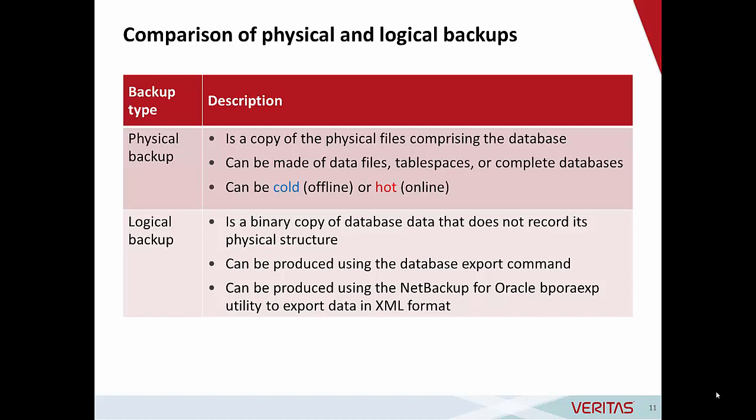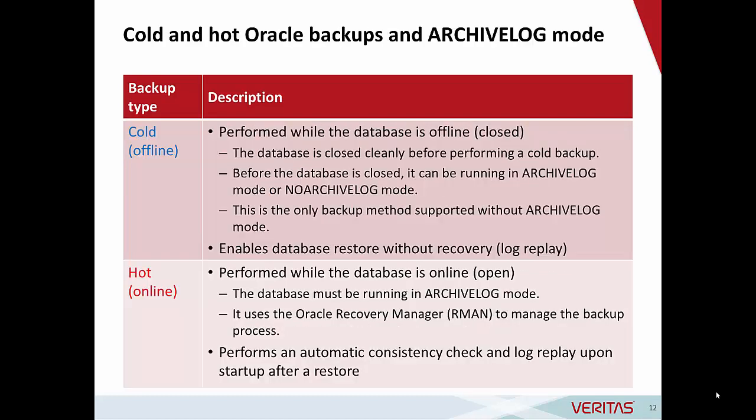This lesson, we're going to focus on physical backups of Oracle databases. Physical backups of Oracle databases can be one of two types, either offline or online. Cold or hot would be different terms to describe it. A cold or offline backup is performed when the database is offline in the closed state.